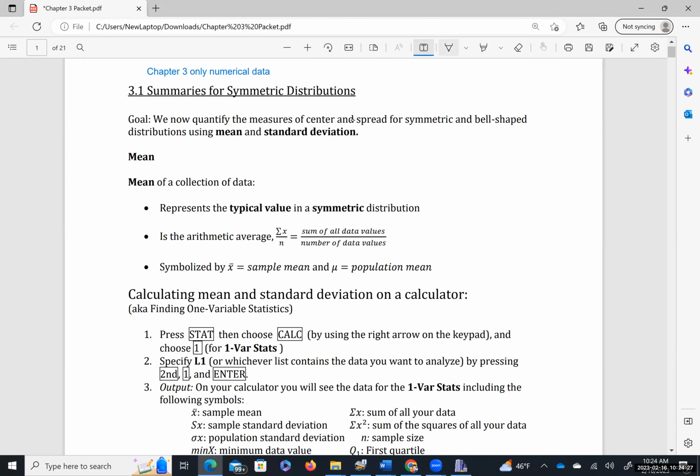So what did we talk about in chapter 1? We talked about categorical data, and also in chapter 2, we also have categorical data.